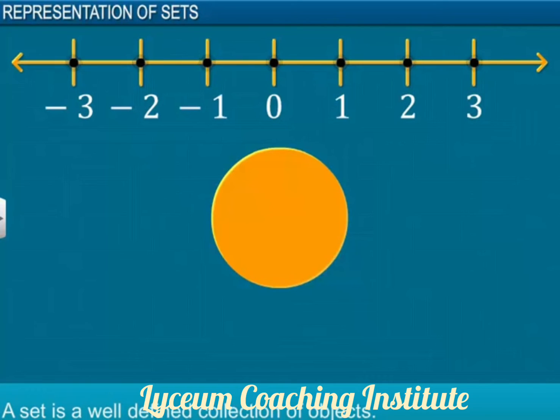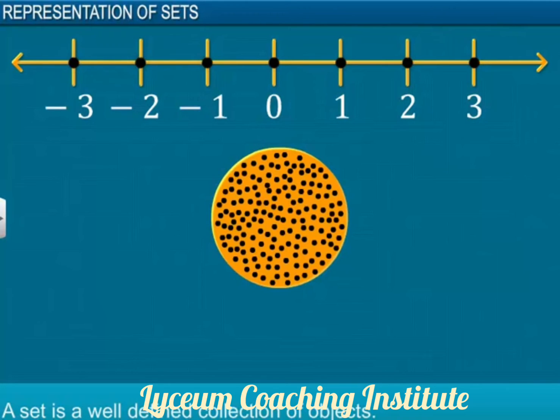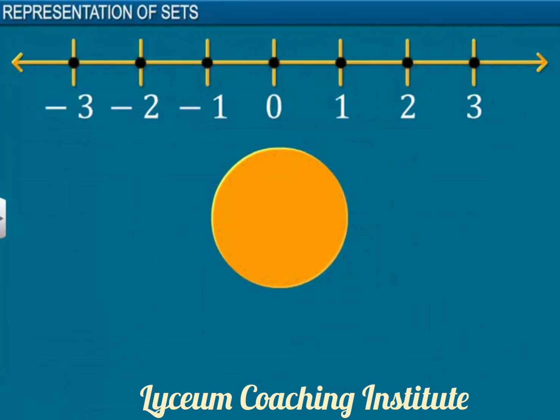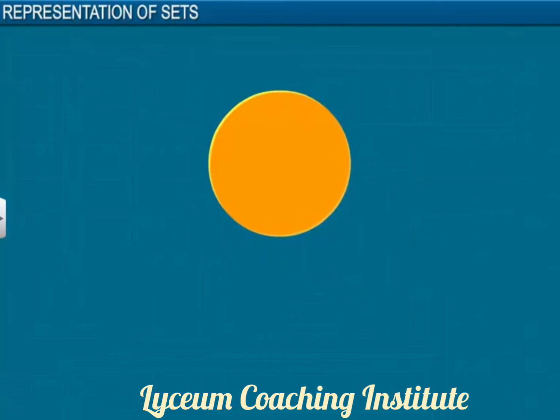A set is a well-defined collection of objects. By well-defined collection, we mean that we should be able to decide whether a particular object belongs to a definite collection or not. To understand this better, let's consider a circle on a plane. In this plane, we can certainly define which point belongs inside the circle and which does not.